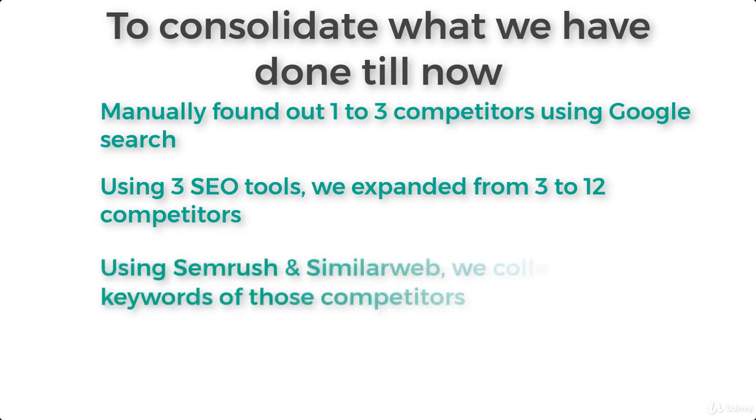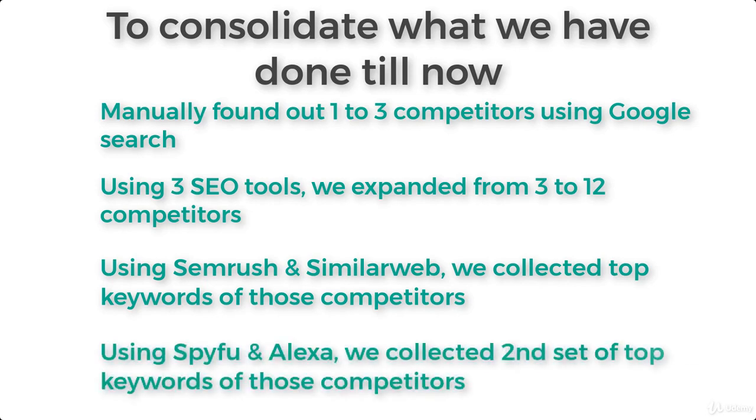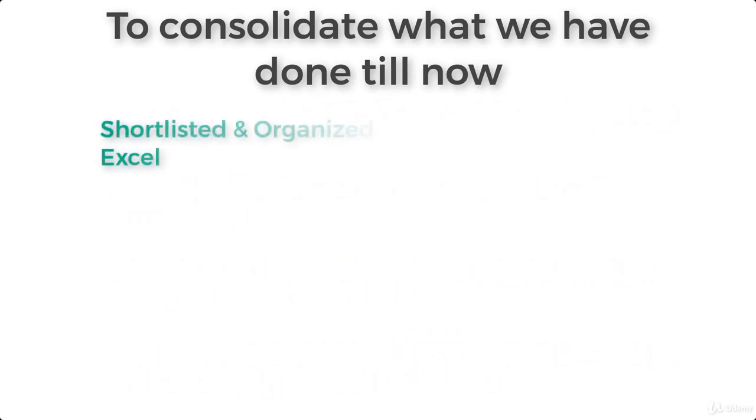Using SEMrush and SimilarWeb, we collected the first set of top organic keywords of those 12 competitors. Using SpyFu and Alexa, we collected the second set of top organic keywords of those competitors. We have shortlisted the keywords and organized them in a spreadsheet software like Microsoft Excel.